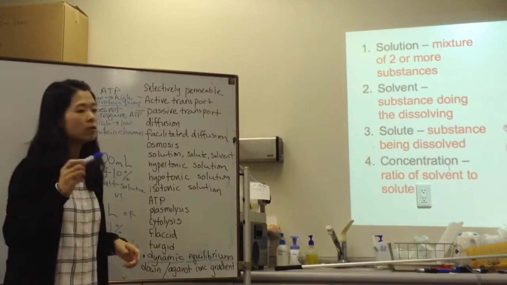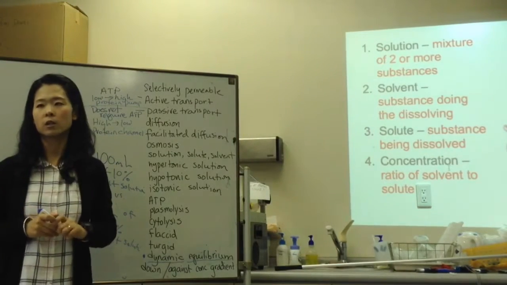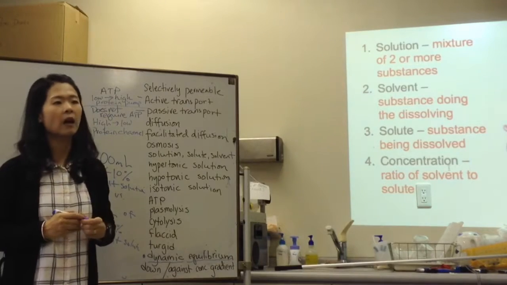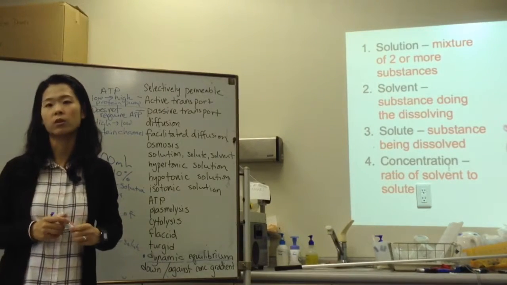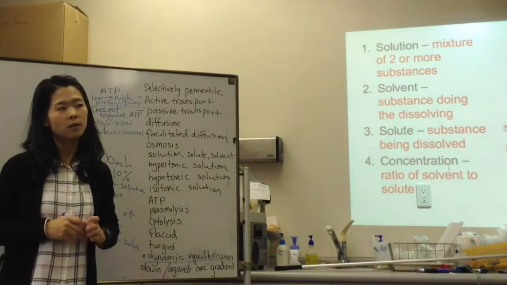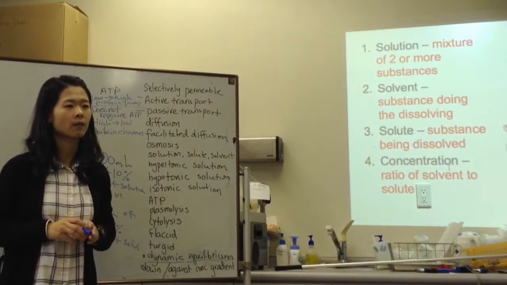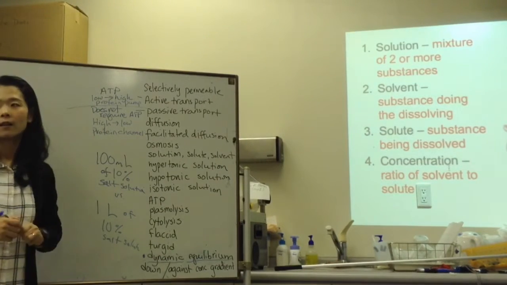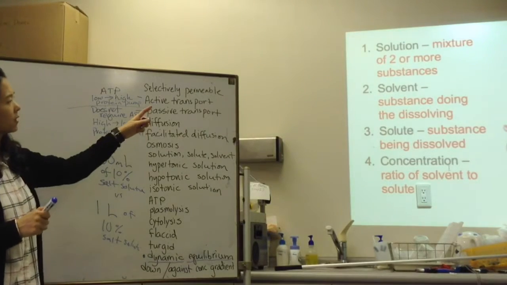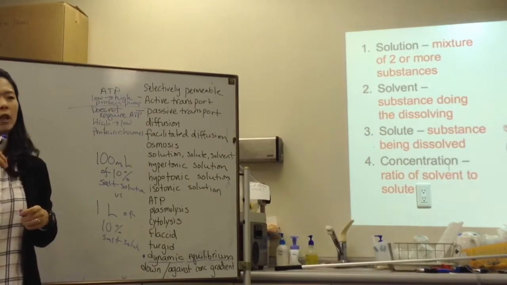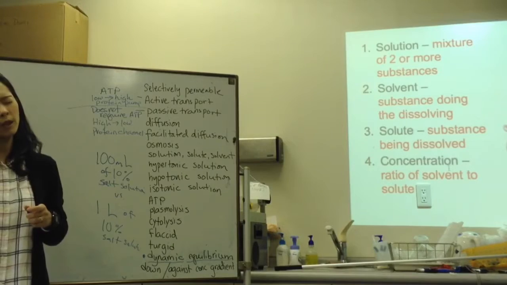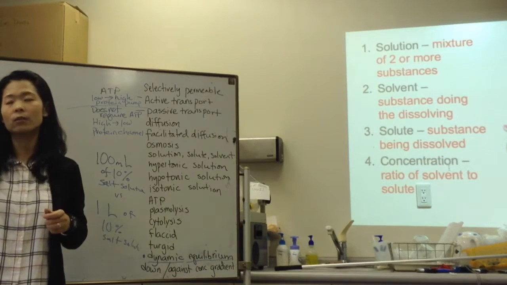So what is doing the dissolving is the solvent, and what is being dissolved is the solute. Now, how do you remember those two words? Which one is for which? Things like this can be confusing. Later you'll wonder, which one was which? I gotta come up with something to help me remember.